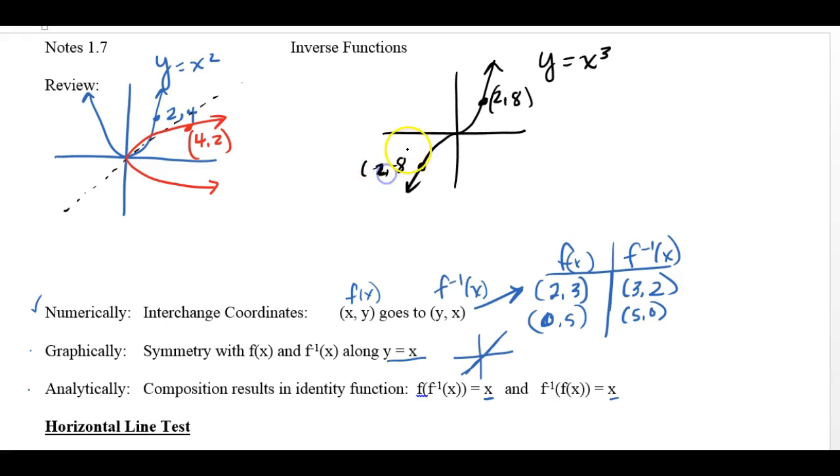Now, if I fold along that imaginary y equals x line, where's that? Well, that's like right here. What's going to happen? Your inverse function would have a point way out here at 8, 2, so it would do this.